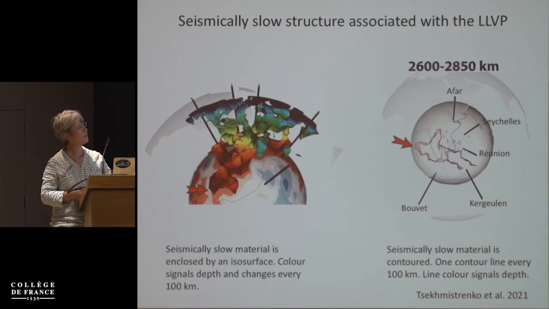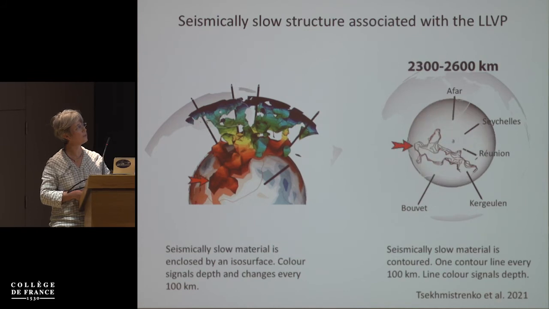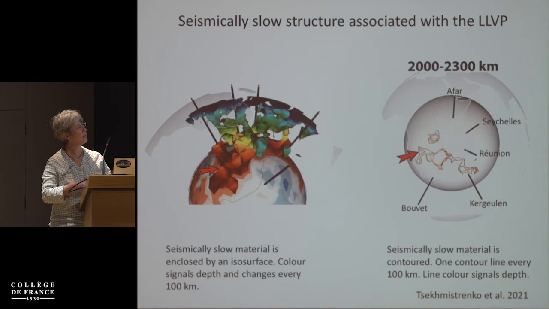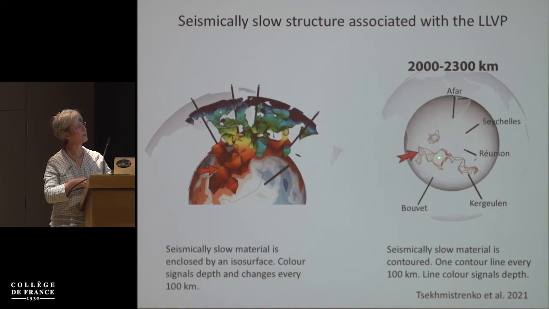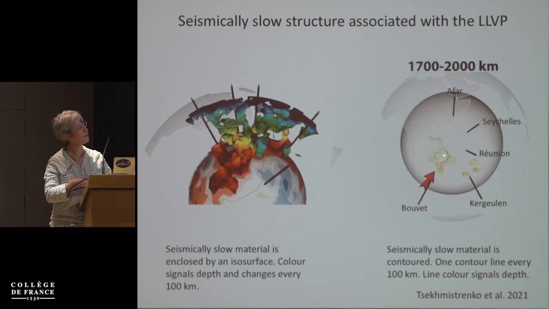So I step down again and up. It's still more or less as it was, so we're at 2,300. We step up, and it becomes a bit more fragmented, and we're sort of centering on a core here that's under South Africa. And now we step up. We still have this cusp, and there's not much other structure around anymore, so it's very compact.